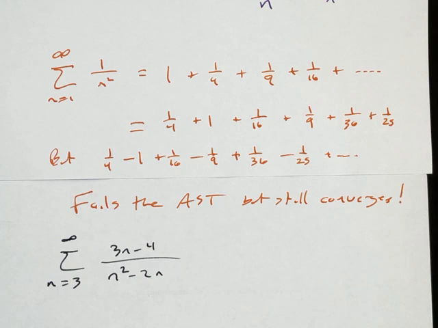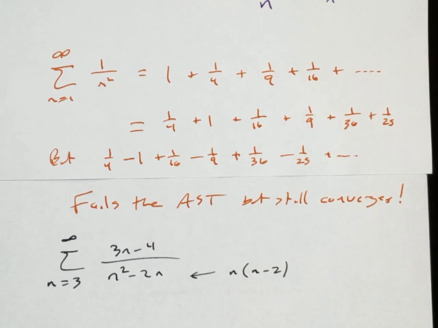The problem is the bottom. The bottom is n times n minus 2. So if it started at 1, when I got to 2, I'd be dividing by 0, wouldn't I? I have to move past 2 for this to be defined from everywhere on. So really, that's the only reason we start at 3, is because 2 is also up here.